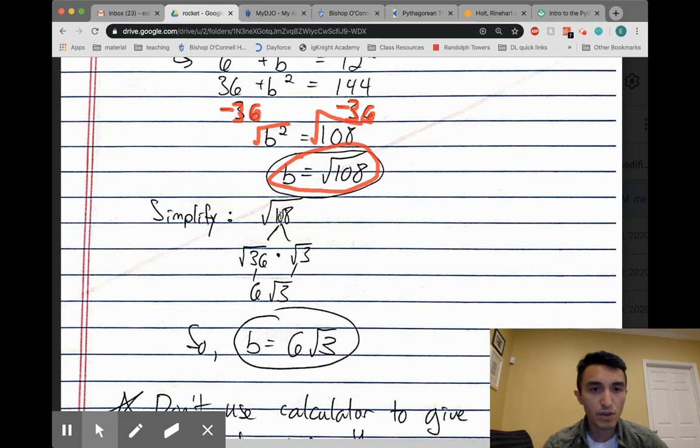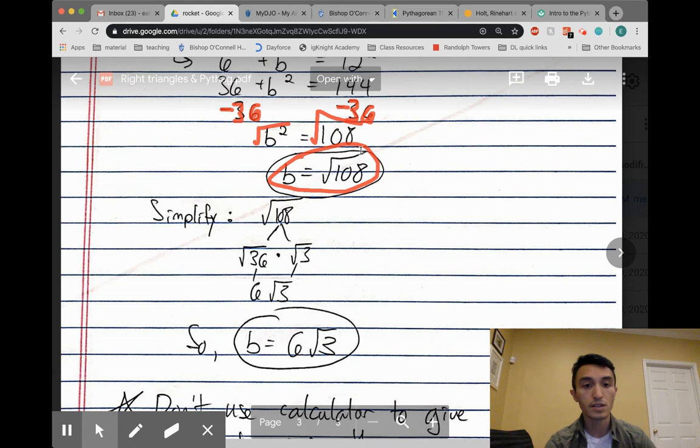So if I have the square root of 108, you do some guessing and checking, and you figure out that 108 is 36 times 3, and that's helpful because 36 is a perfect square. So if we do square root of 36 times square root of 3, square root of 36 is going to simplify down to 6, and the square root of 3 stays. And so we turn square root of 108 into 6 square root of 3, which is a lot nicer looking than square root of 108.